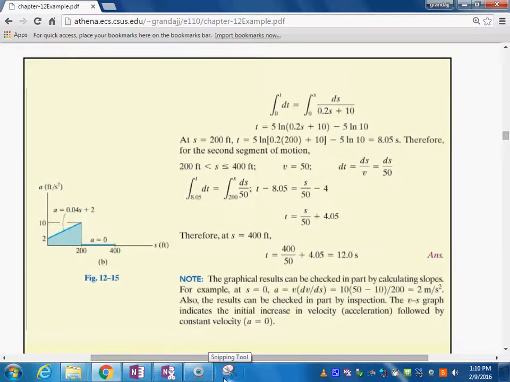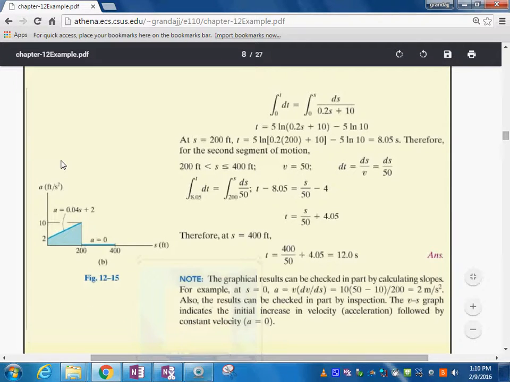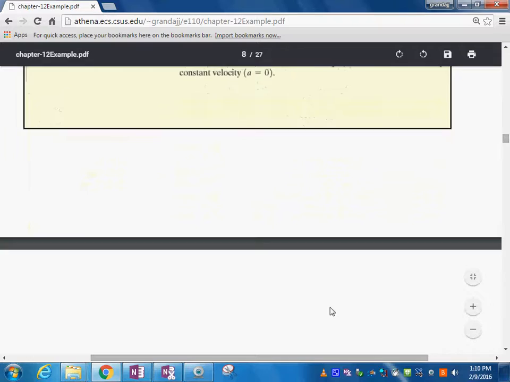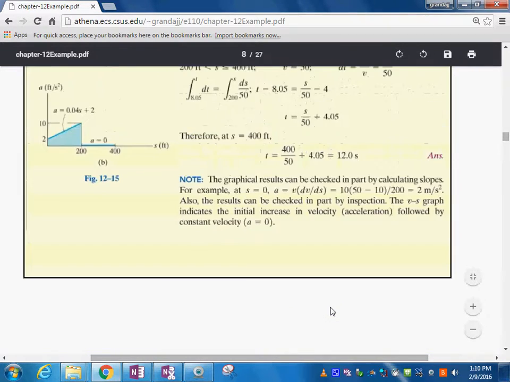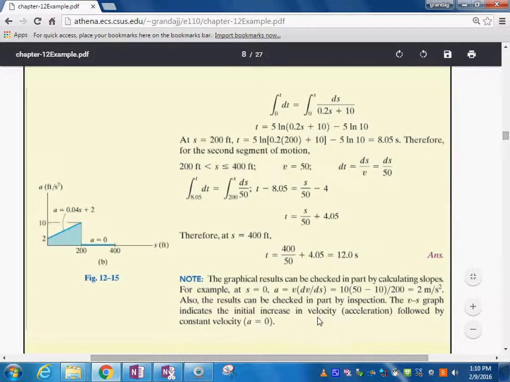Of course, you can inspect the graph. The v-s graph indicates an initial increase in the velocity followed by a constant velocity. So if you do these graphs, they can be very useful and get you more information of what we needed to know.